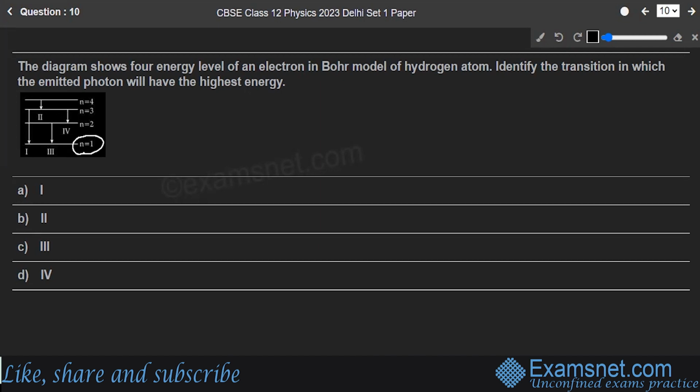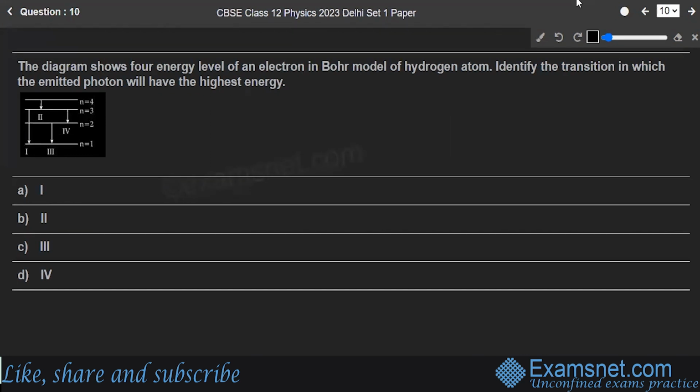The transition from 3 to 1 has the biggest energy difference. The first jump would be the one that releases the most energy and emits a photon with the maximum energy.